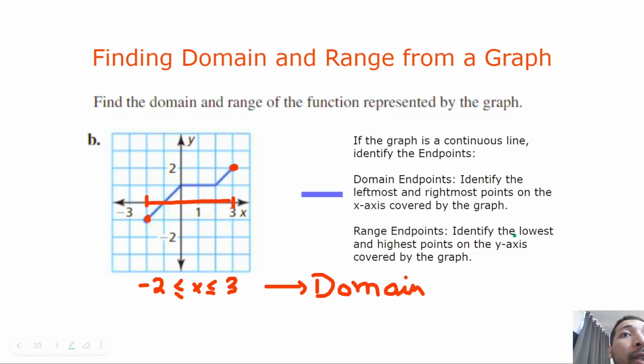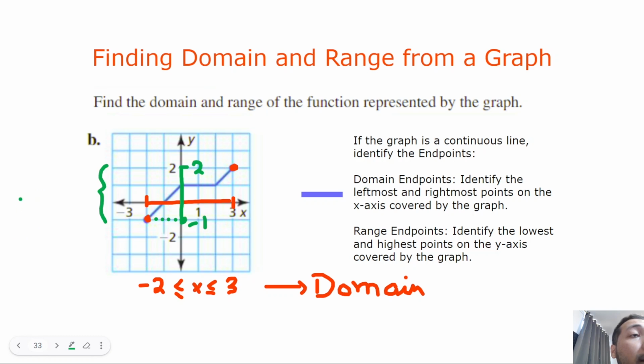For the range, we look at the lowest points and the highest points on the y-axis covered by the graph. So you can see that this graph is starting from here on the y-axis, which is -1, and ends over here, which is the highest point, at 2. So this portion is our range.